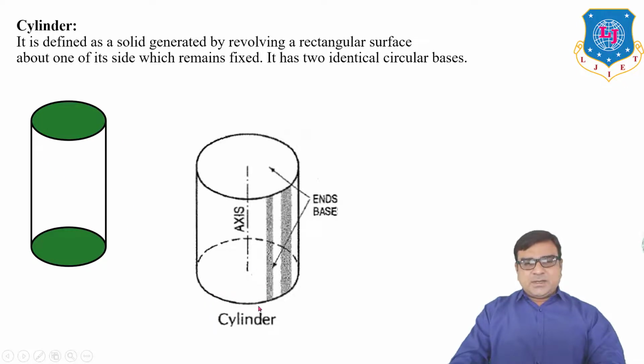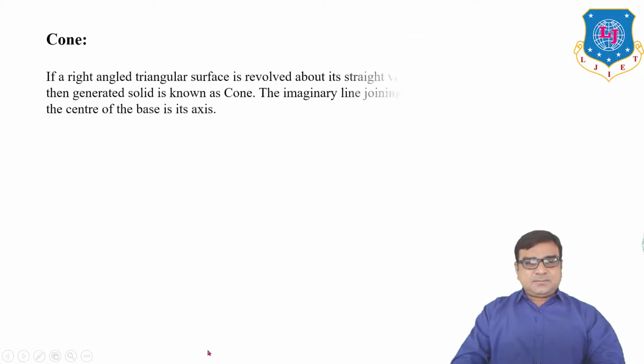So here, for the bottom surface, this line or profile is known as the periphery of the base. This is the periphery of the top, the center of the base, and the imaginary line is known as the axis.